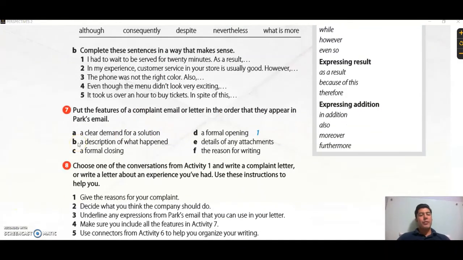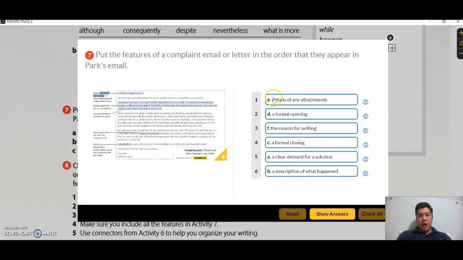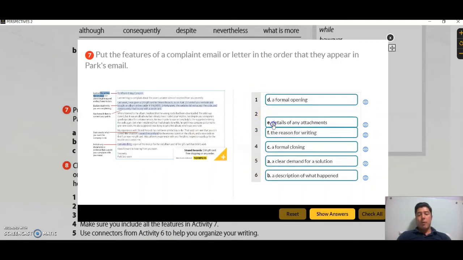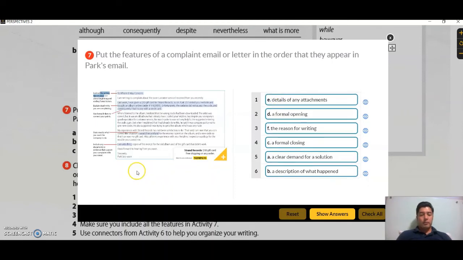In this part it says, put the features of a complaint email or letter in the order that they appear in Park's email. So we're going to read each one of these, and then we are going to order them as in Park's email. For example, we have here from number 1 to number 6, and we have to order them in the correct way.